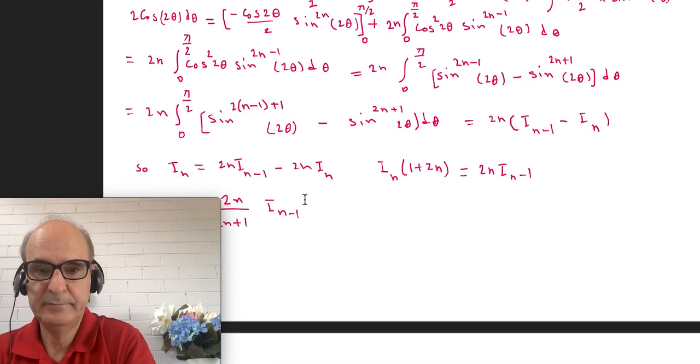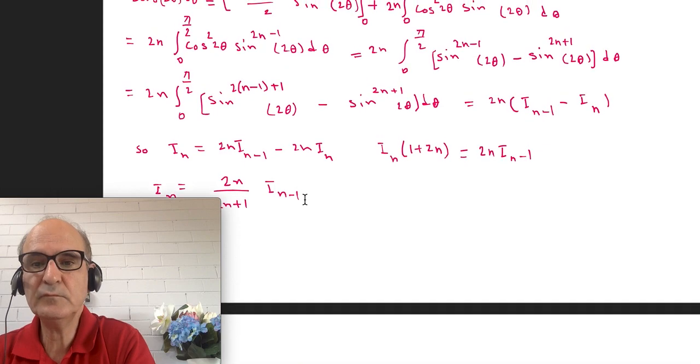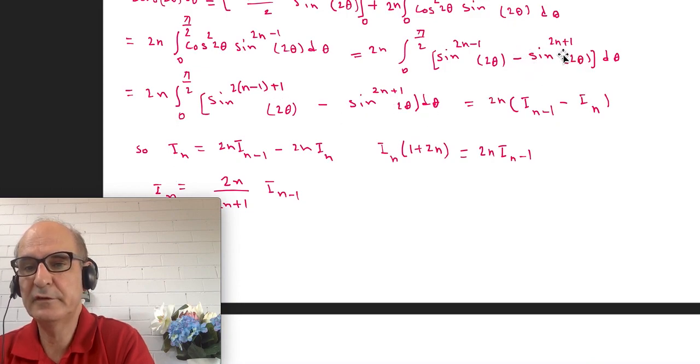All right. Now this 2n minus 1, we can split into two parts, and write 2n minus 1 as 2n minus 1 plus 1 for the sine power. Minus sine, this stays the way it is.